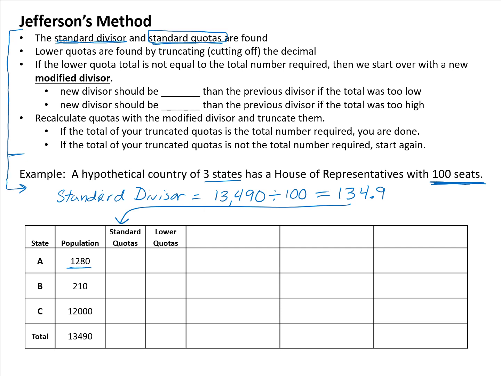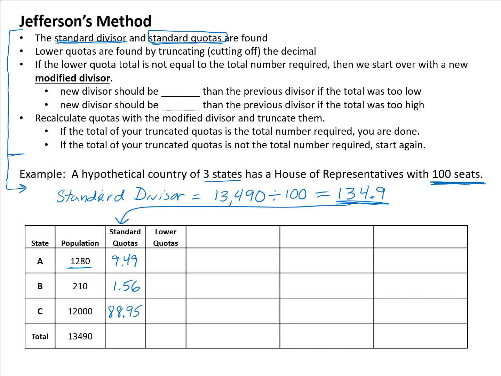So 1,280 divided by the standard divisor of 134.9, we get 9.49. And then do the same thing for 210, and we get 1.56. So that's State B's standard quota. State C has got a lot more people in it, 12,000. If we divide it by 134.9, we get 88.95.